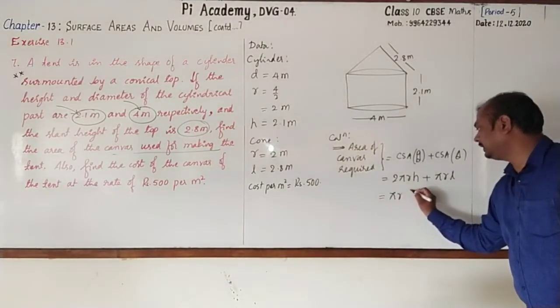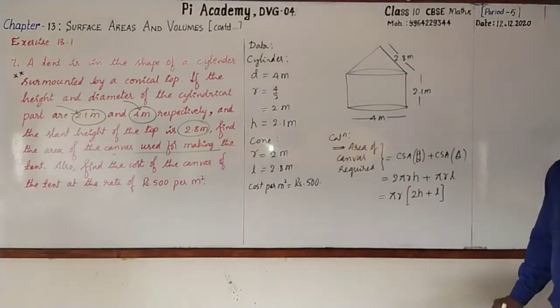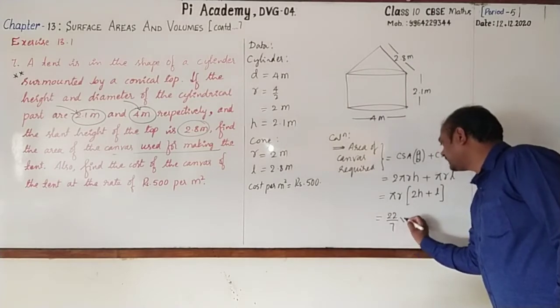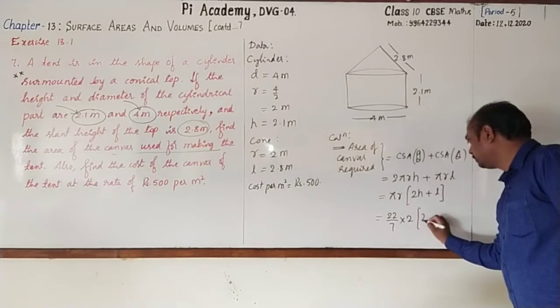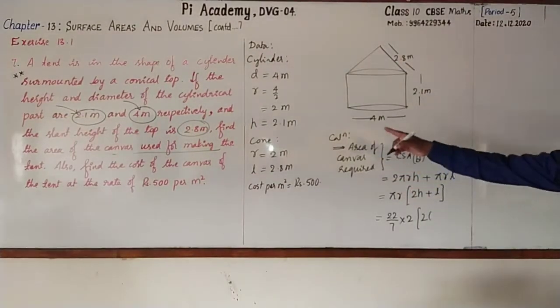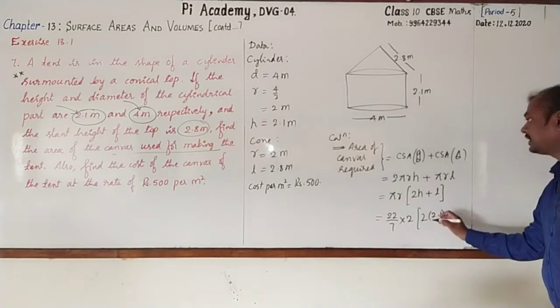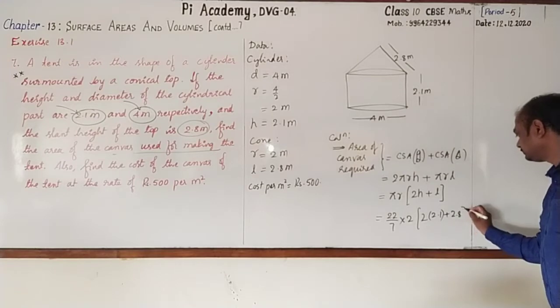I'll write pi into r into (2h plus L). This is equal to, where pi is 22 by 7, radius is 2 meter, 2 into height of the cylinder 2.1 meter plus slant height, 2.8 meter.